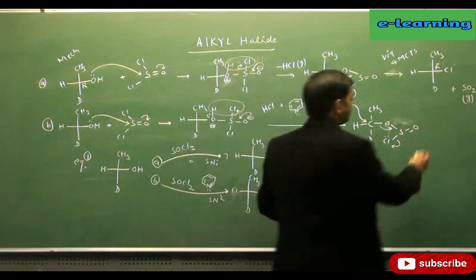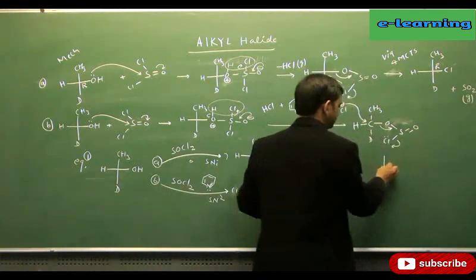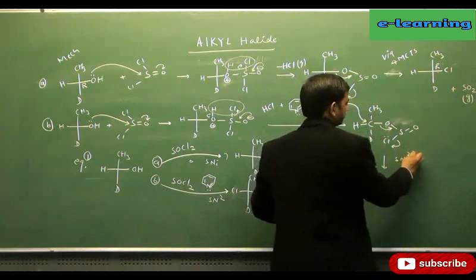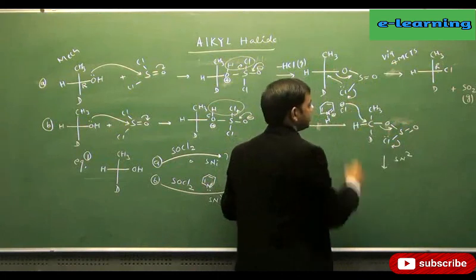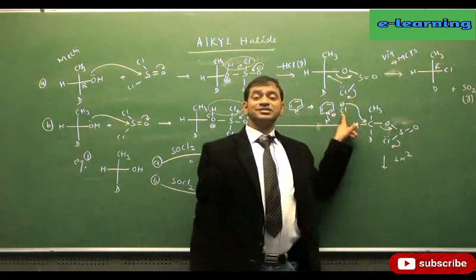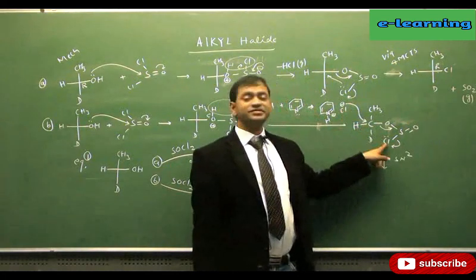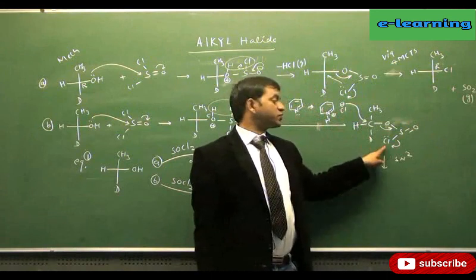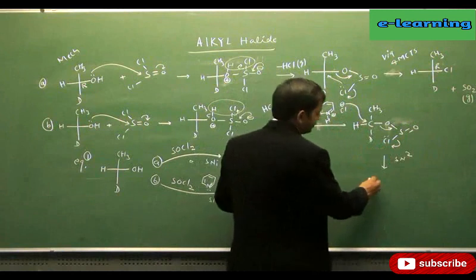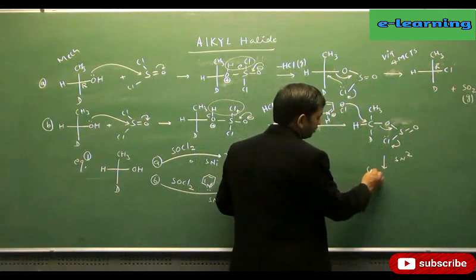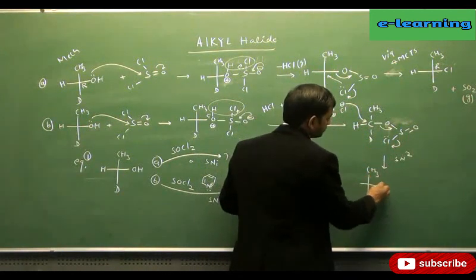and again this is SN2, and the product is obtained via SN2 backside attack, because the negatively charged Cl is more nucleophilic than this. So it does not follow SN1; the product we obtain is via SN2, and inversion takes place.